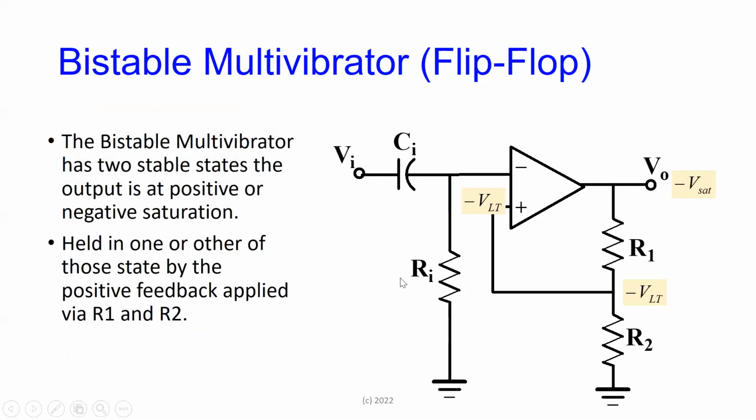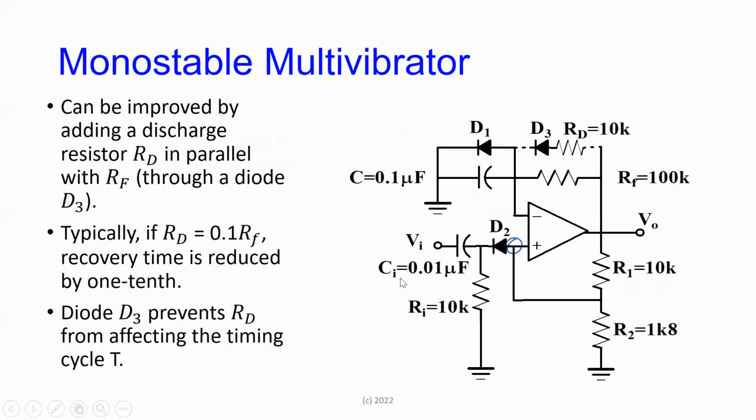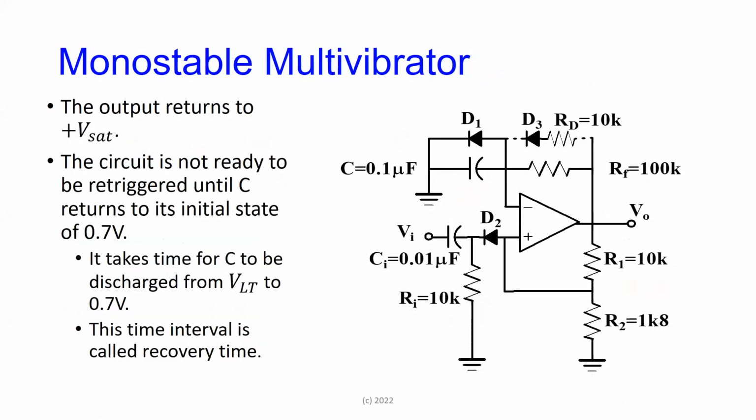So I have the two waveforms here. And the last one now, let me just talk a little bit about it. What happens is that, remember, when it goes negative, we have to wait a little time until this goes back to the plus VSAT, it takes a little time for here to get back to 0.7 volts, right?